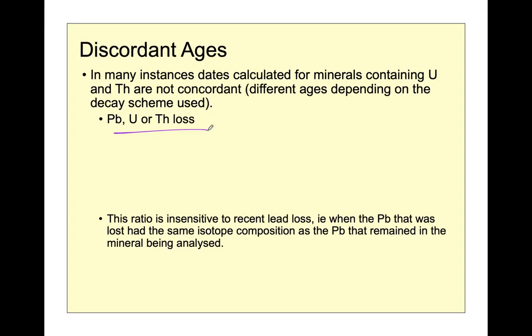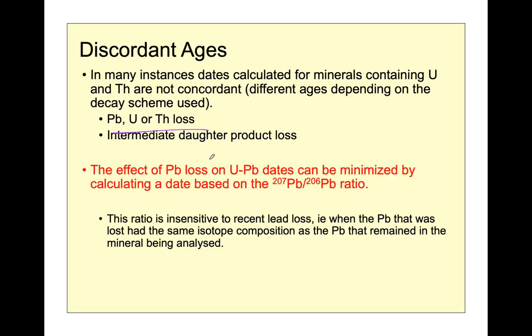The equation is broken. And also some product loss or even parent loss can cause discordant ages. So we call some situations lead loss. Lead loss means the produced radiogenic lead may have been lost from the system. Because I said they are highly volatile, this volatility may cause some problem with these elements, like lead.